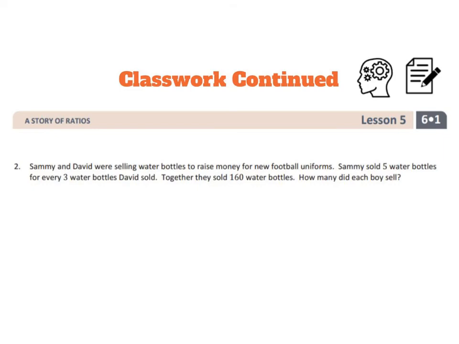Okay, how about Sammy and David were selling water bottles to raise money for new football uniforms. Sammy sold 5. So I'm going to draw my 1, 2, 3, 4, 5. Here's Sammy. And then for every 3 that David sold.